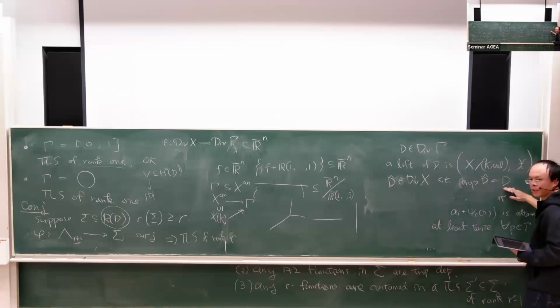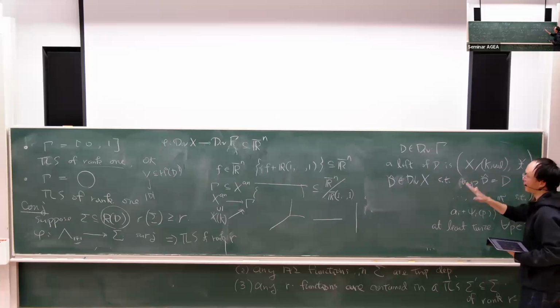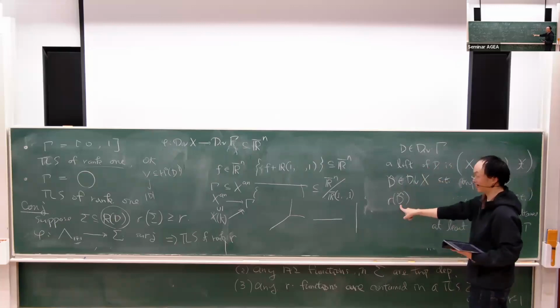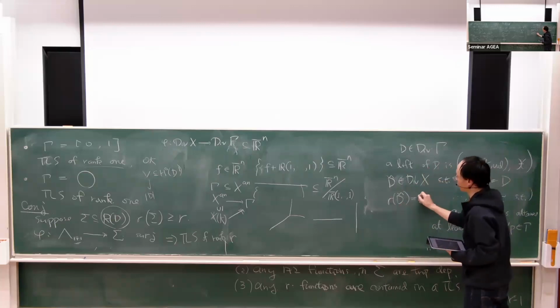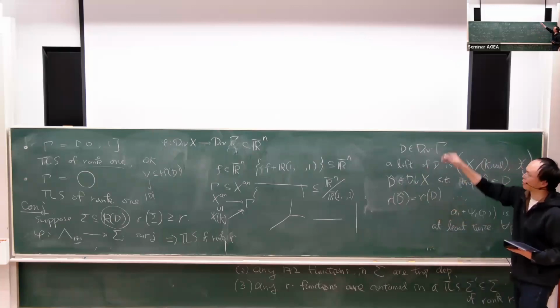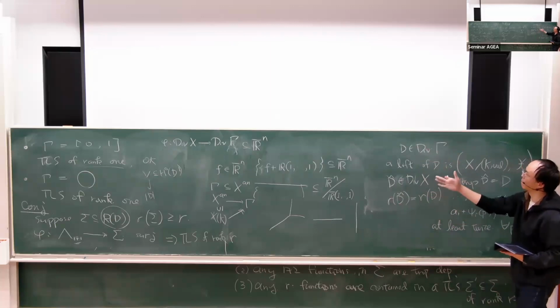If you stop here, then this can always be done. I mean, any divisor is the tropicalization of some divisor on the curves. But what do we mean by this? We need one more assumption: the rank of the divisor on the curve is equal to the Baker-Norine rank of the divisor on the graph. So the lift is such a datum.